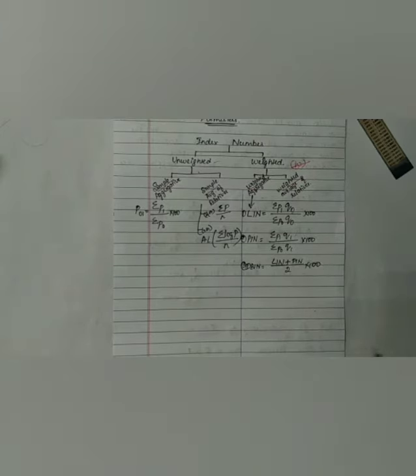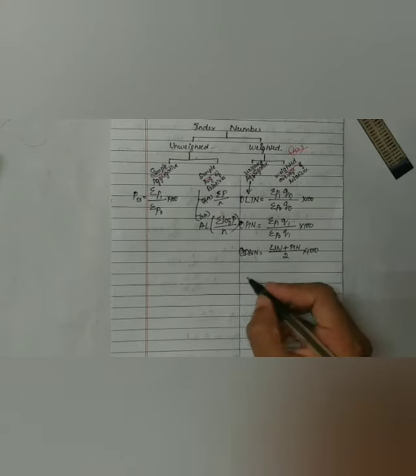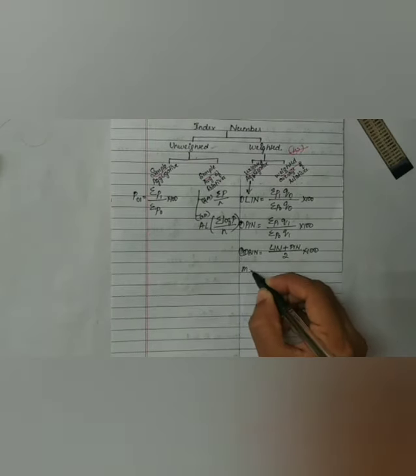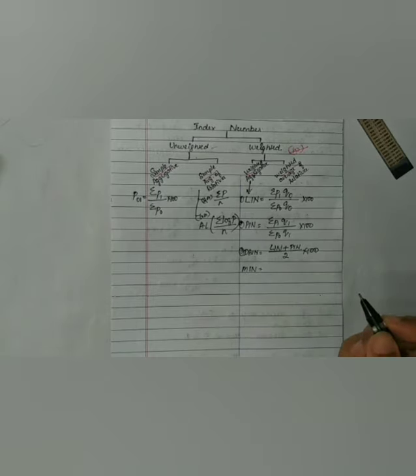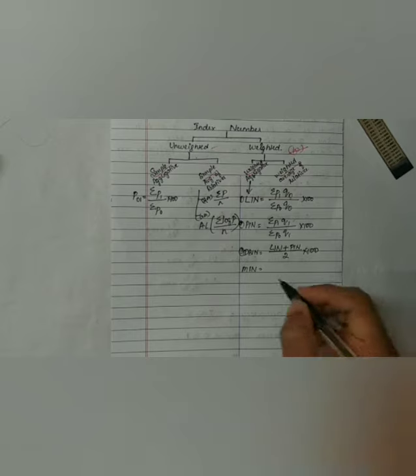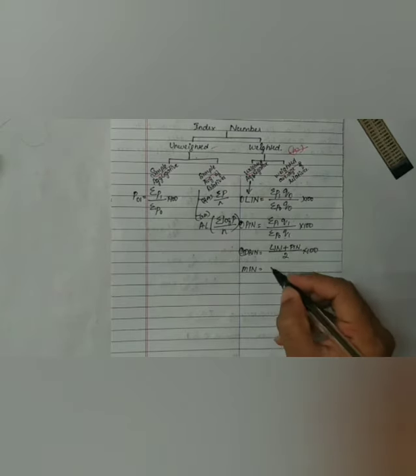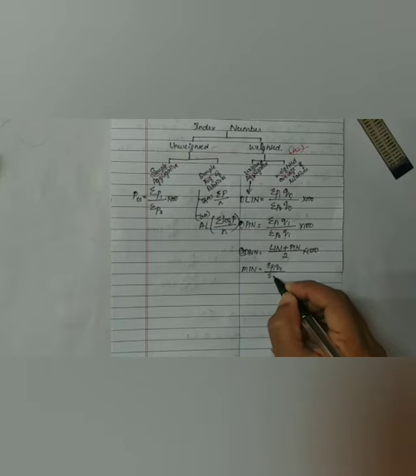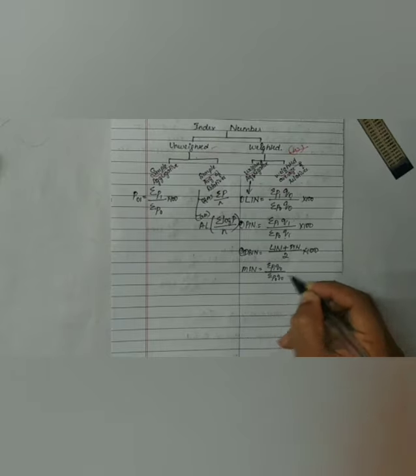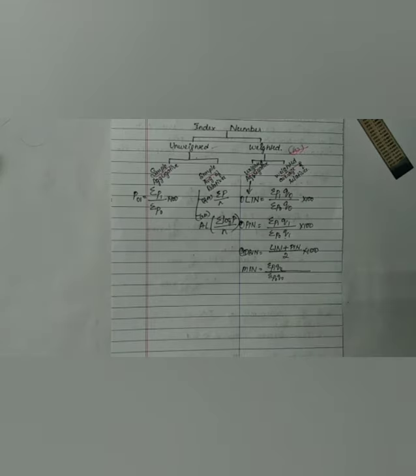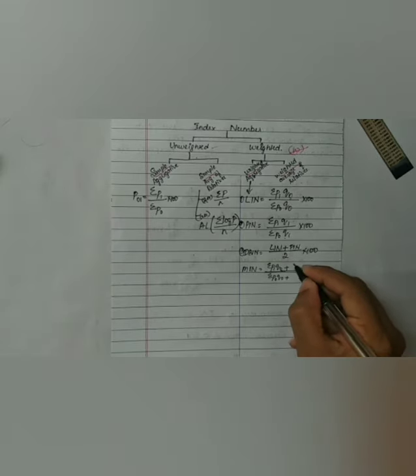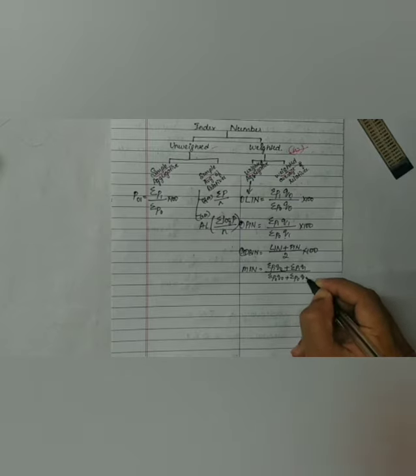Got it? Yes. So the next one is Min. So what is Min now? Marshall-Edgeworth index number. So here these two are combined, summation P1 Q0 plus summation P1 Q1 divided by summation P0 Q0 plus summation P0 Q1 into 100.